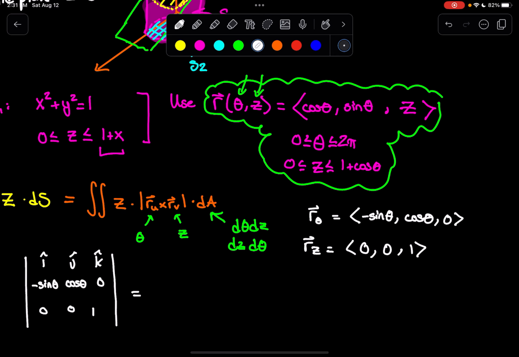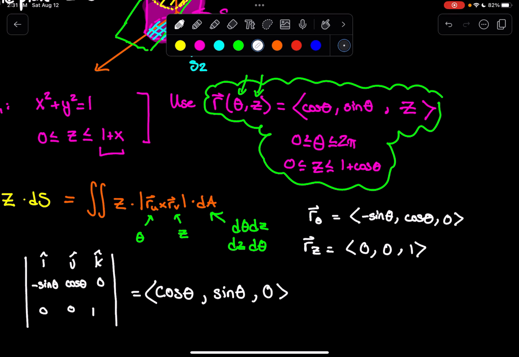And if we do this, everything is going to pretty much just cancel out. So we should just be left with cosine of theta in the i direction. In the j direction, we're going to be left with sine theta. And I believe in the k direction, we're just going to get 0.